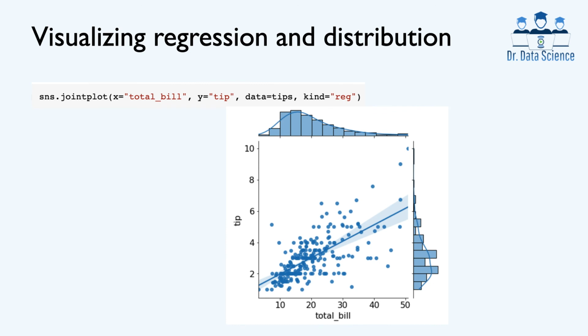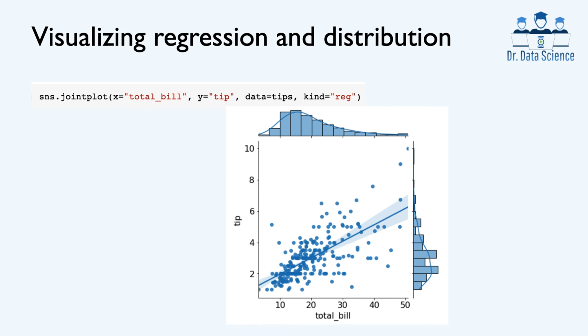Finally, we will explore another built-in function in Seaborn, which is called sns.jointplot. Similar to sns.lmplot that we had before, this built-in function accepts two variables, one dependent and one independent, and also the name of the data frame.